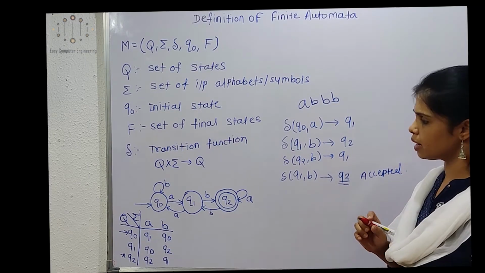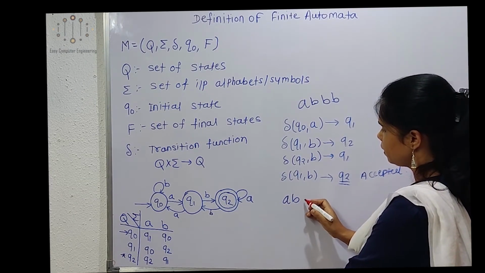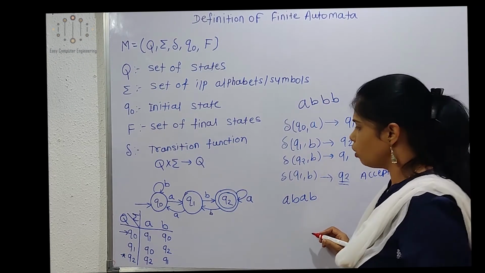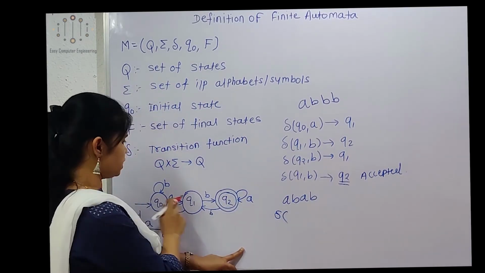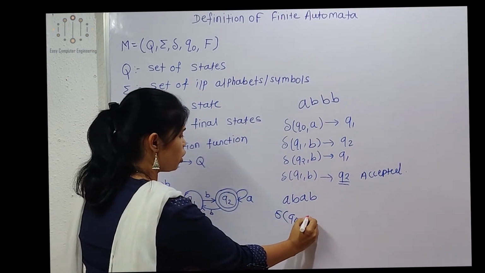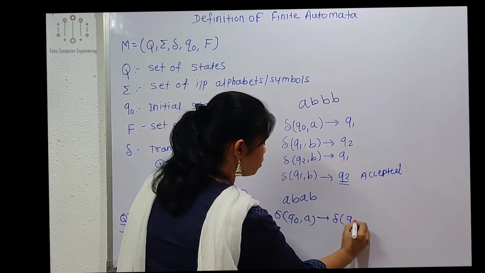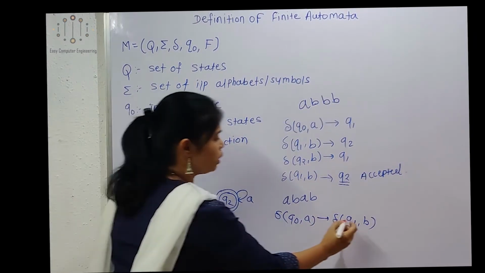Now we'll take one example, A, B, A, B. How can we show A, B, A, B? Again we start with the initial state, Q0. Q0 on A, I reach Q1. Then Q1 on B, Q2.